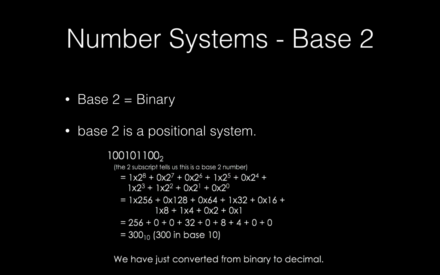In our example, it's 2 to the 8 plus 2 to the 5 plus 2 to the 3 plus 2 to the 2, and then you get 300. This is how you convert a number from base 2 to base 10.